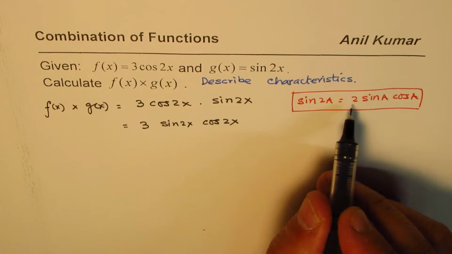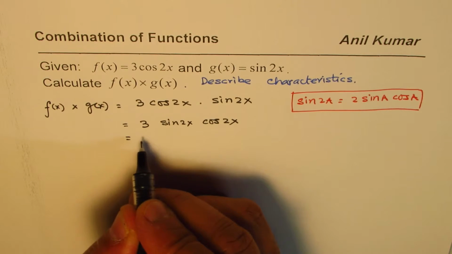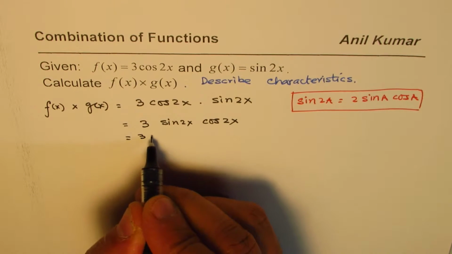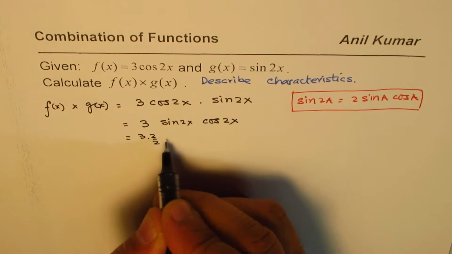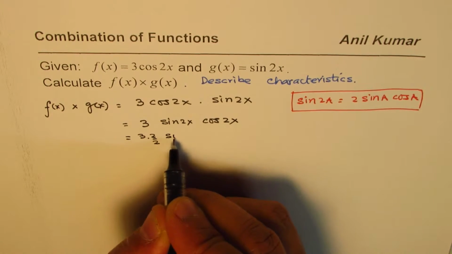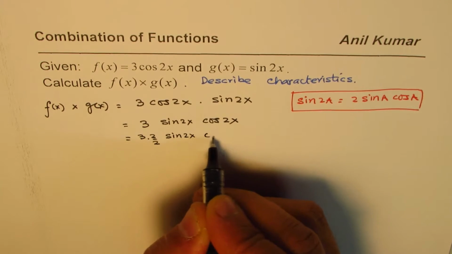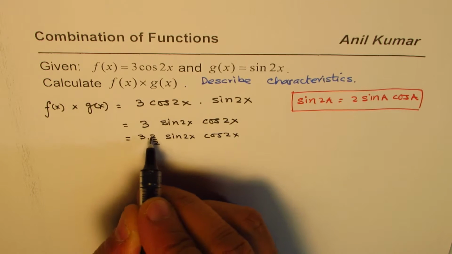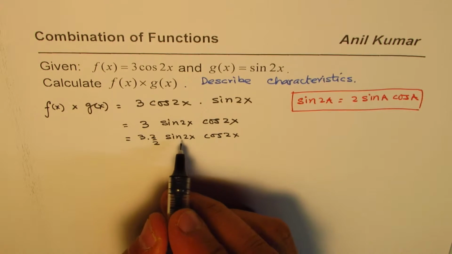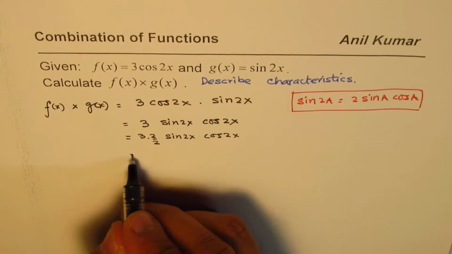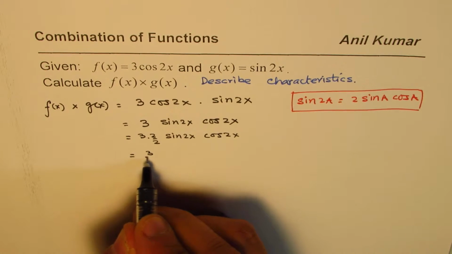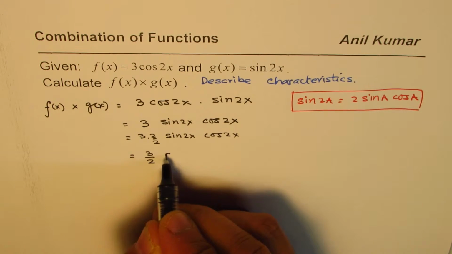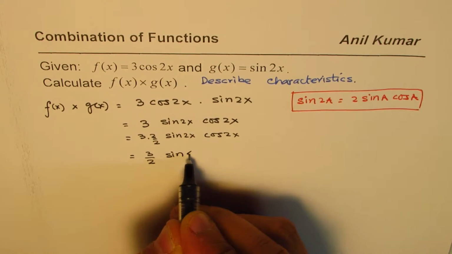Using this formula, we could write this as 3, and we can multiply and divide by 2, right? Write this as 2 sine 2x cos 2x. So 2 times all this becomes twice this number, so we could write this as 3 over 2 sine 4x.